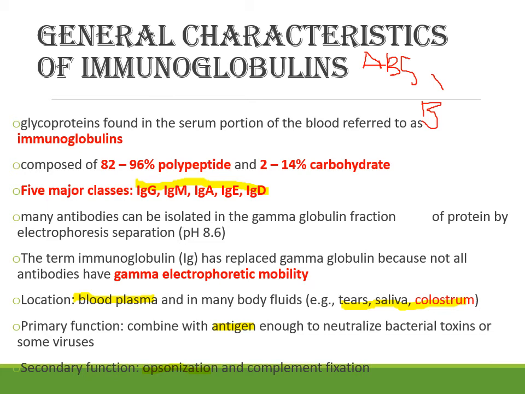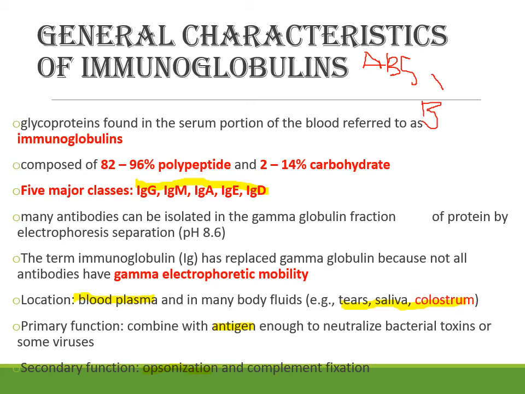It's similar to when you cook, right? When we are cooking, we add some seasoning to make our food yummier and nice to eat. That is also the process of opsonization.